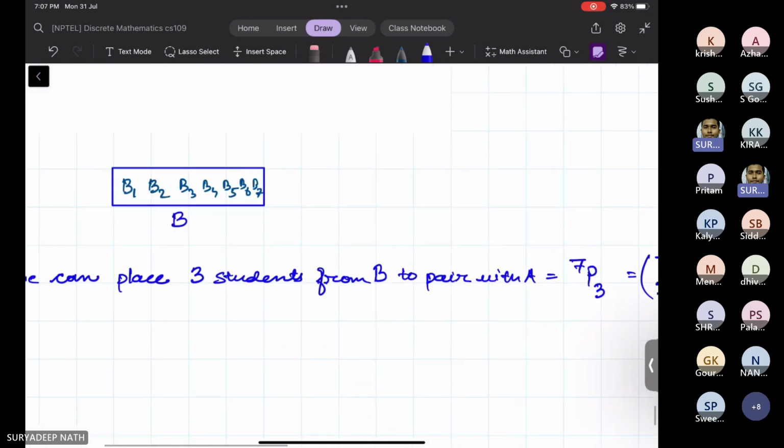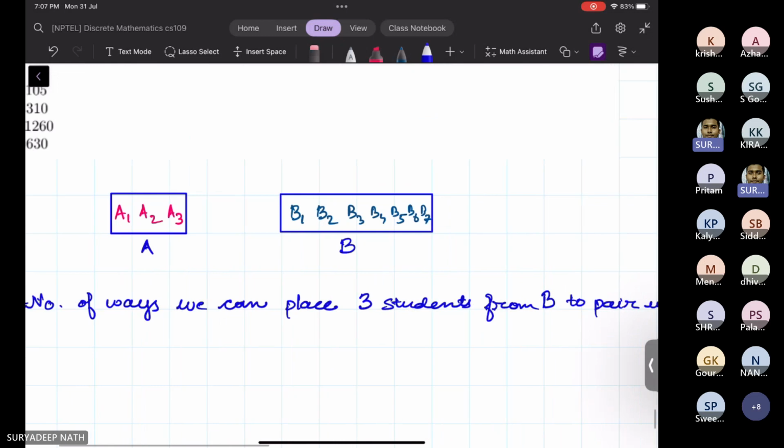So this is the number of ways you can pick three students from B and pair them with A.